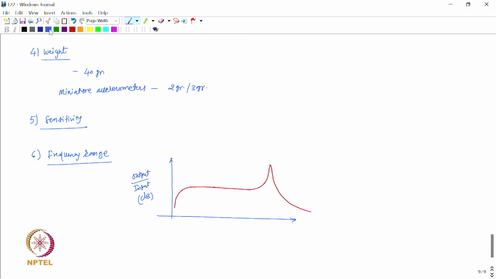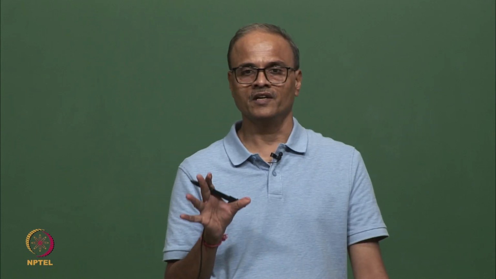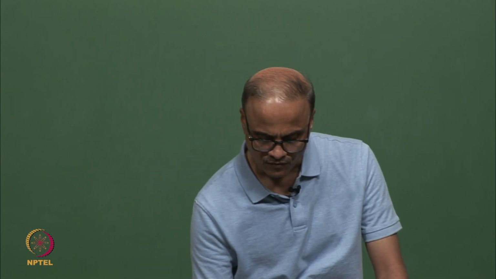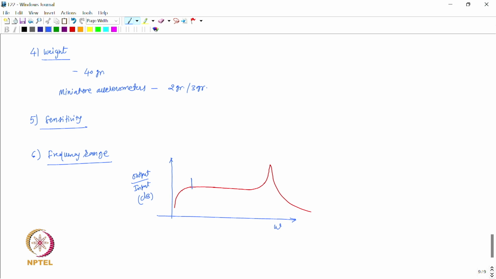This is the frequency, and the frequency range of the accelerometer is the range over which the frequency response, that is the output upon input, is linear, and from this graph we see that it is linear over this range. So, this is the useful frequency range.